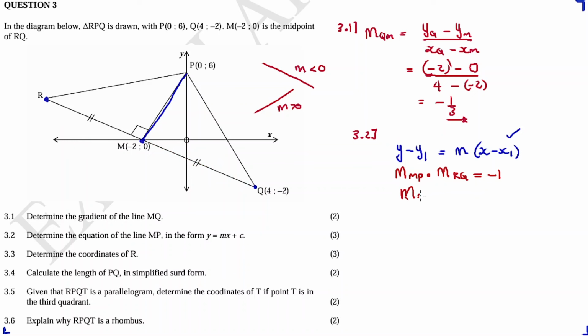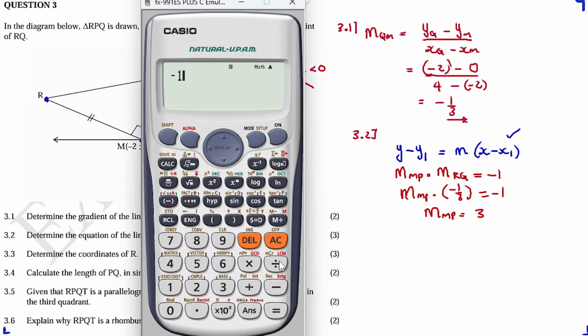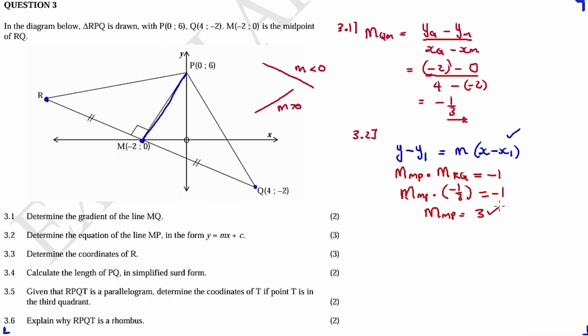So we substitute the gradient of RQ, which is minus 1 over 3, so the gradient of MP is equal to minus 1 divided by negative 1 over 3. I think that's going to be 3, but let's check. Minus 1 divided by minus 1 over 3 is positive 3. That's the gradient of MP.